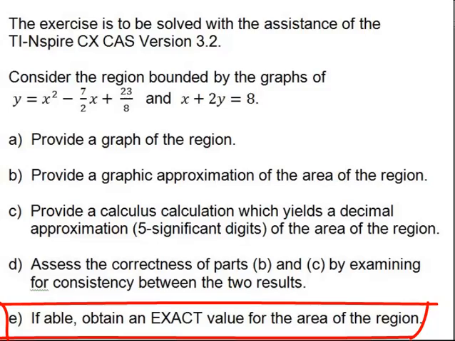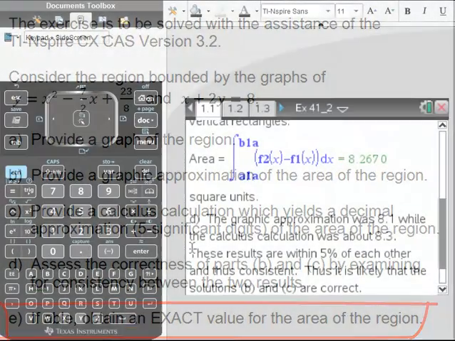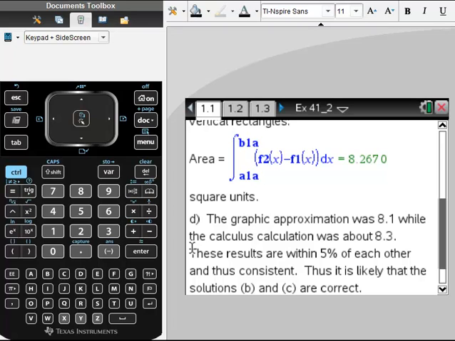Part E, if able, obtain an exact value for the area of the region. Okay, let's look back at what we did in part C, and we had a definite integral with those limits of integration, A1A and B1A. Well, they were approximations, right?